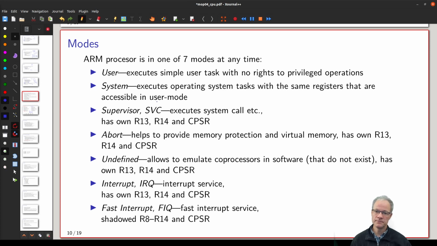So modes. The processor can have different modes. What does it mean? Think about a car, for example. A car may have a commute mode, where it nicely ramps up the speed, slows down nicely, and is a comfortable car.